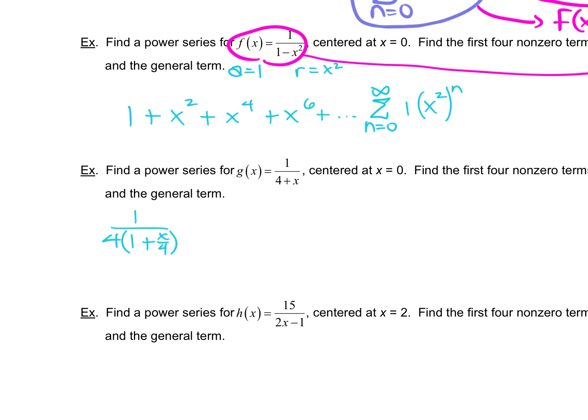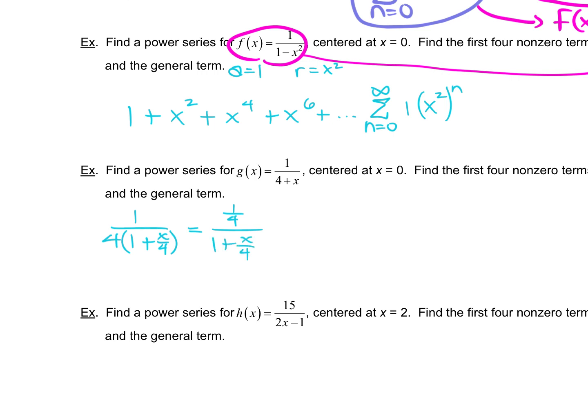Now, the geometric sum formula doesn't have a 4 hanging out in front, or any number hanging out in front. So how else could I write it? I can pull the 1/4 to the top. So I can think about the 1/4 as up here and leave it as 1 plus x over 4 on the bottom.